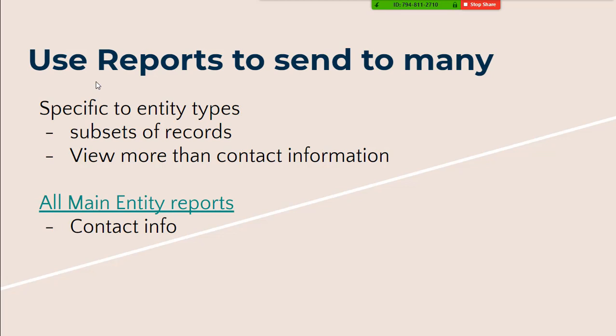You will use reports to send to many. So there are different types of reports that you could pull from. If you know specifically you want to send to all donors that donated last month a great thank you and an invite to an event coming up, you might pull a report specific to those donors. That's a subset of records.